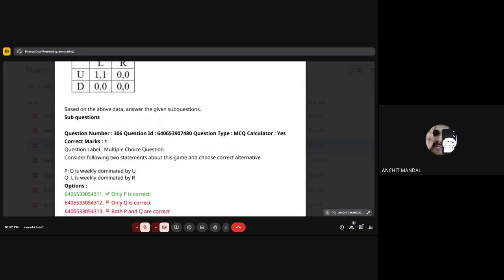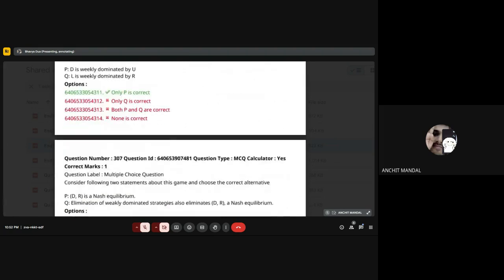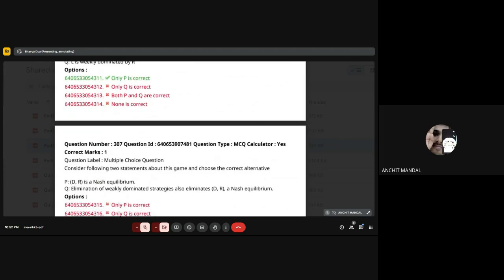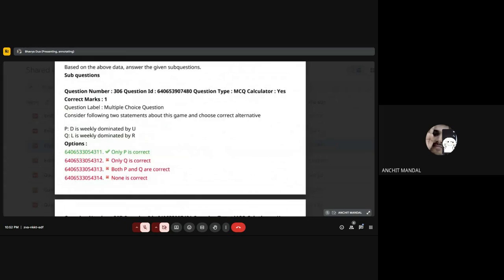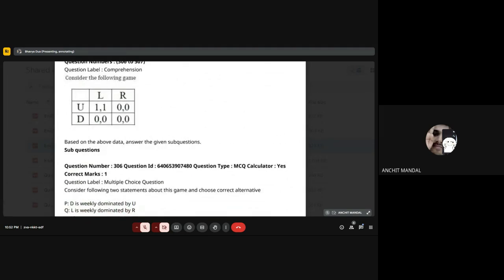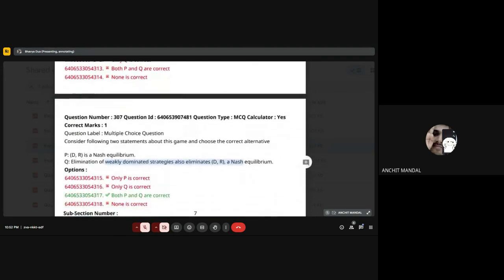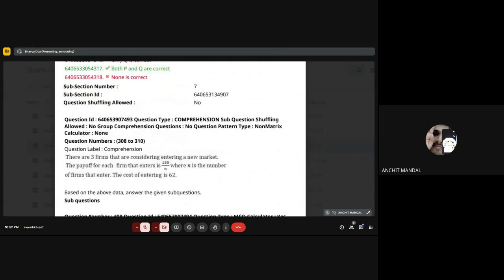Correct. 0, 0 is a Nash. Elimination of weakly dominated strategies also eliminates D, comma R as a Nash equilibrium. That is correct. How do you get that? Because that's DR, right? If you remove DR, you lose one NE, right? Correct. U, comma L is the strong one.